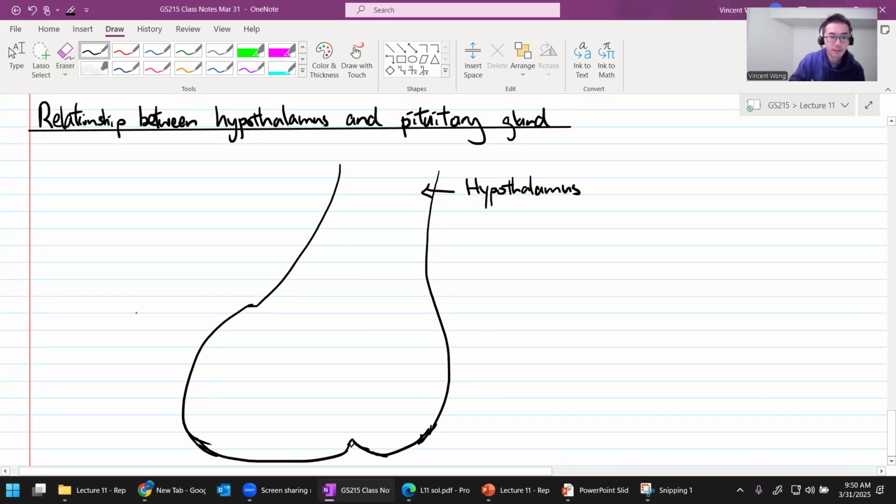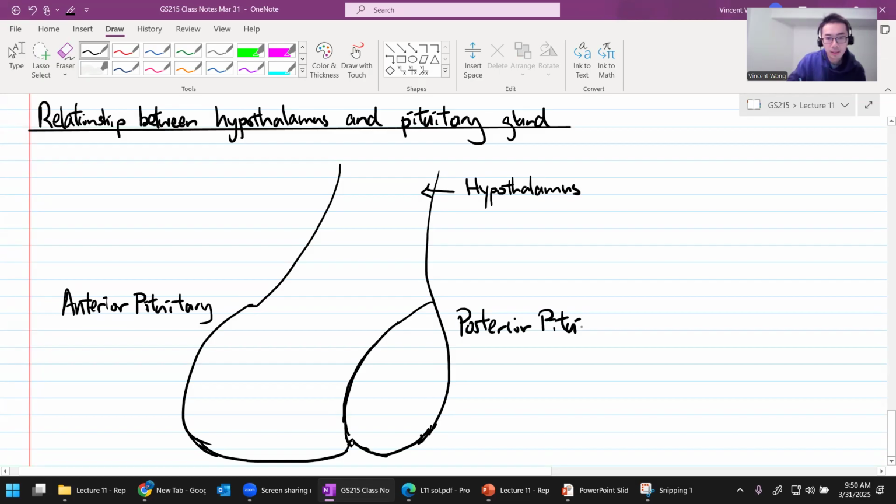Dangling from below is the pituitary gland, but the pituitary gland is separated into two parts. We have the anterior pituitary, and we have the posterior pituitary, right here.